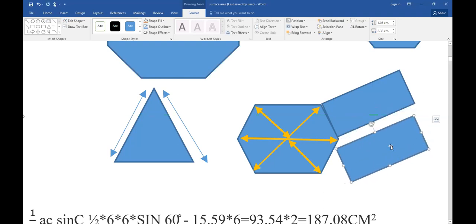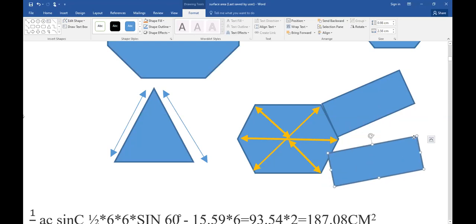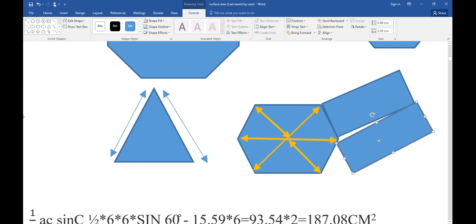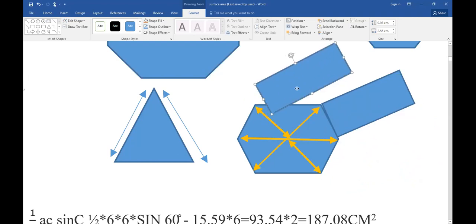I'm supposed to rotate it the other way around. So this one is supposed also to come and fit here. So I am supposed to come and fit it here. I think you can understand now. I come and fit another one here.